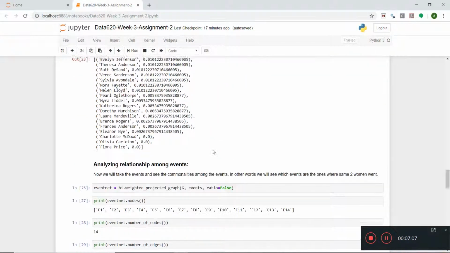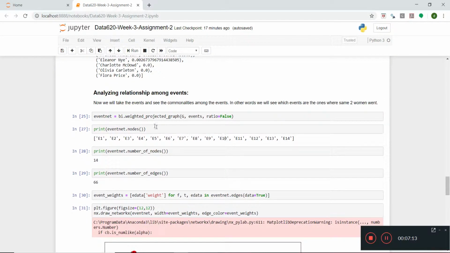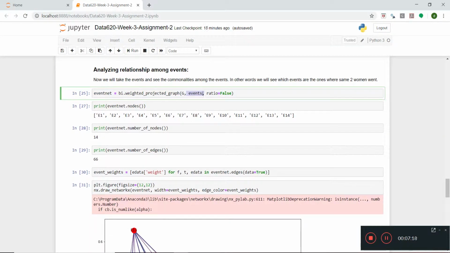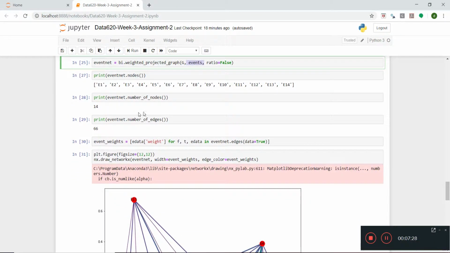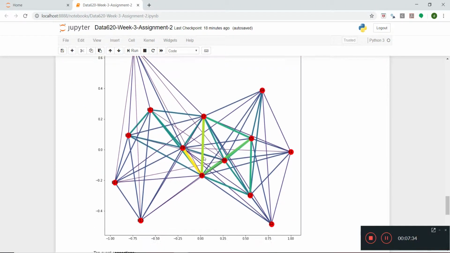Moving forward, the second part is analyzing the relationship among events in the same way, but taking events as the primary nodes. We are taking the weights based on the number of common women any two events had. The number of nodes is 14, which is the number of events. Then we have plotted in the same fashion.